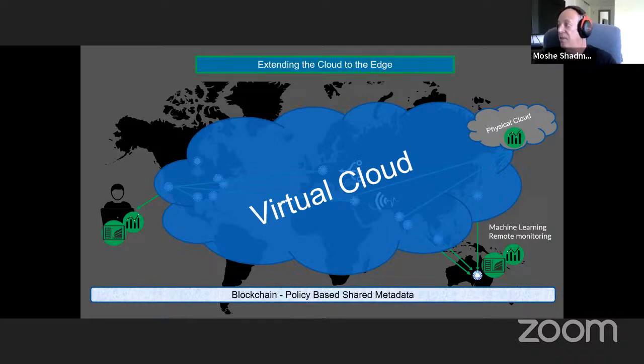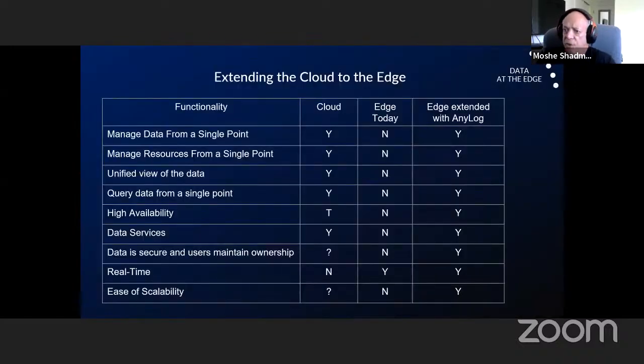So you could think about it as extending the cloud to the edge, or creating a virtual cloud over the edge. And before I show you the demo, here is just a summary slide where on the left side you see all the reasons why the cloud is attractive, why companies are using the cloud, or a centralized database in that sense.